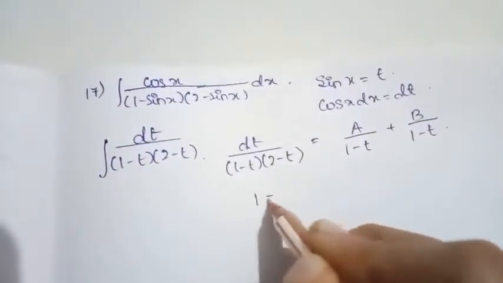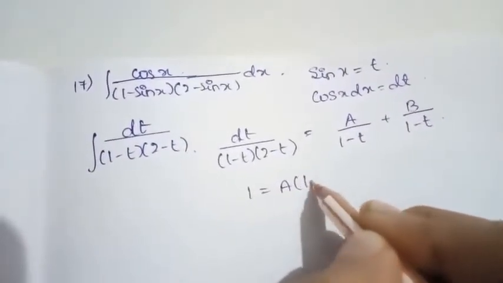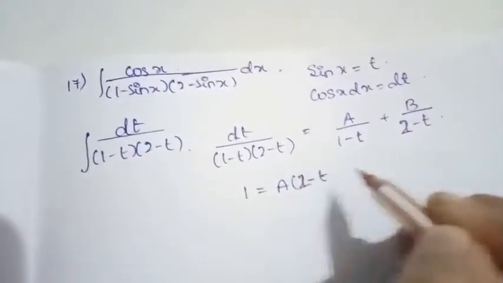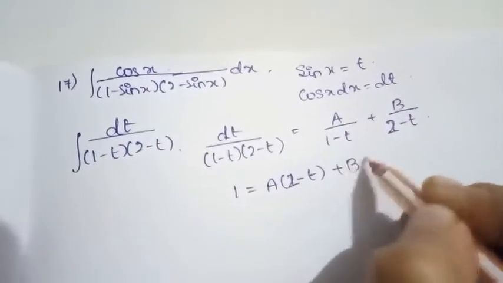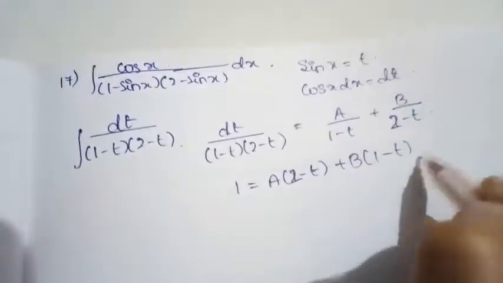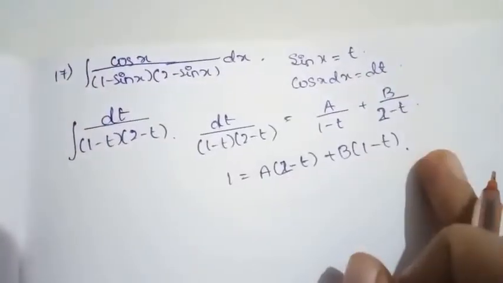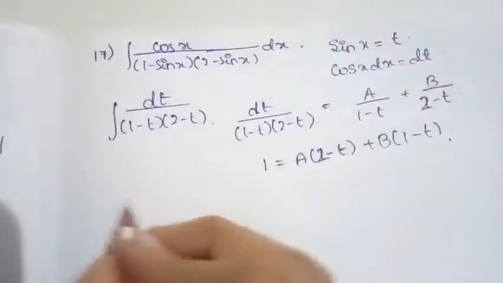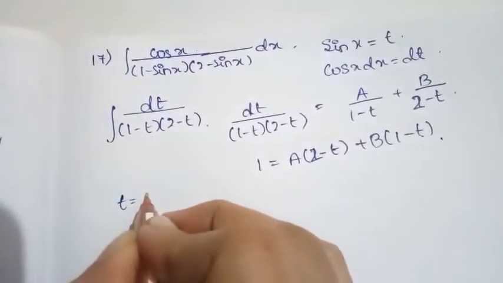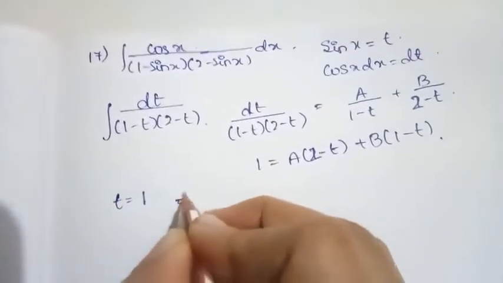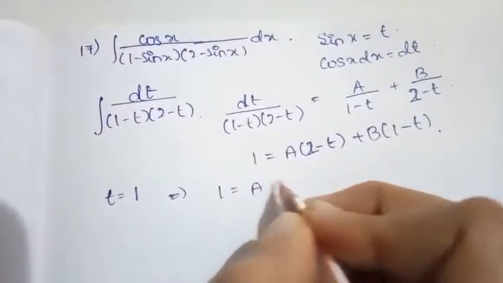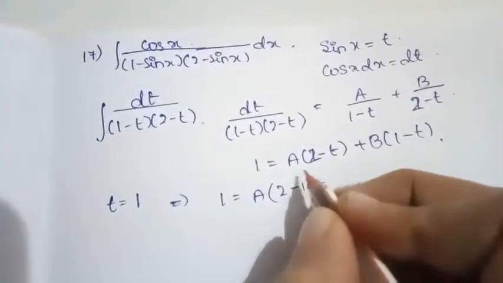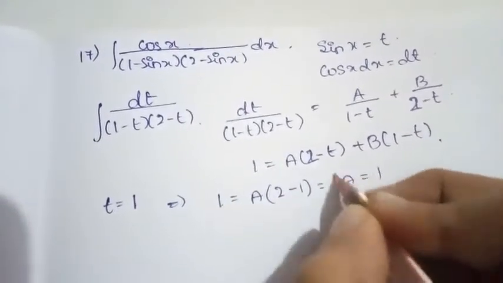So this will be equal to 1 is equal to a into (2 minus t) plus b into (1 minus t). Now we need to get the values of both a and b. When I put t is equal to 1, what am I going to get? 1 is equal to a into (2 minus 1). 2 minus 1 is 1. So the value of a is 1.